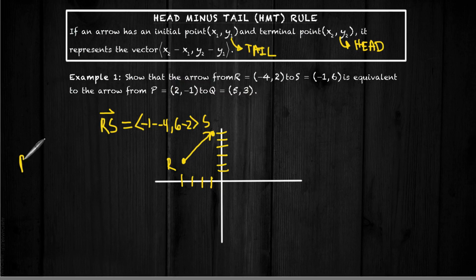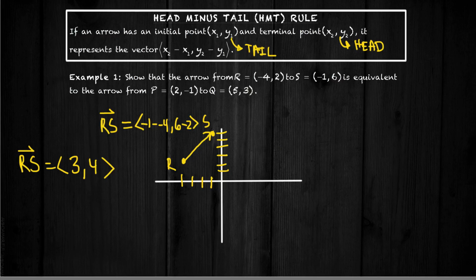So vector RS can be expressed as, a minus a minus is a plus, so it's going to be 3 and 4.